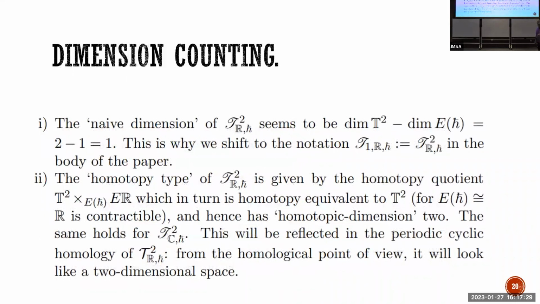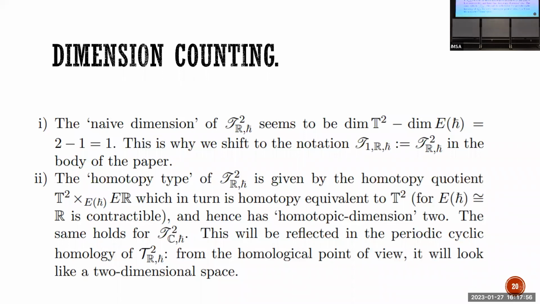Well, about the dimension counting. The dimension counting is just in case you are puzzled about T2 being C modulo 1 and h bar. That looks like the dimension is wrong. But of course, that's what the naive dimension looks like. The homotopy type is given by the homotopy quotient of T2 by a real line.